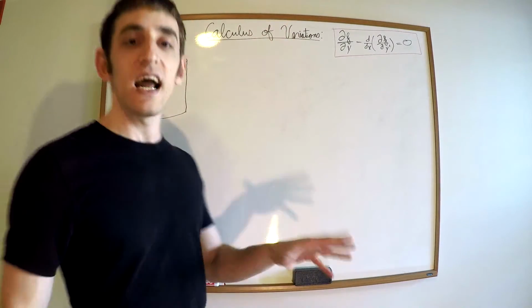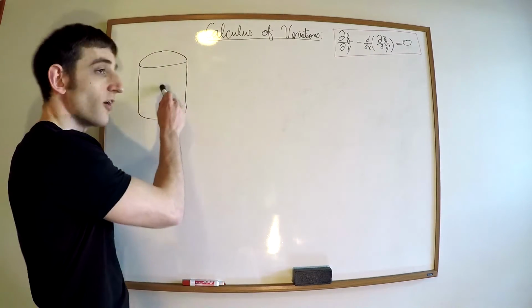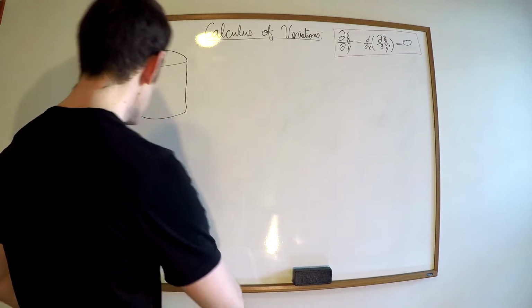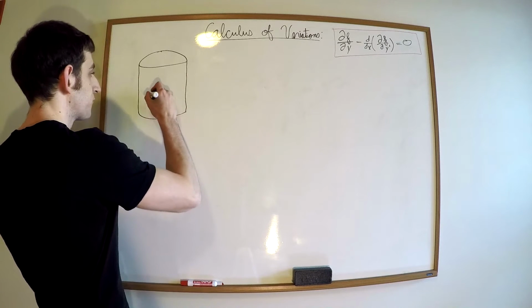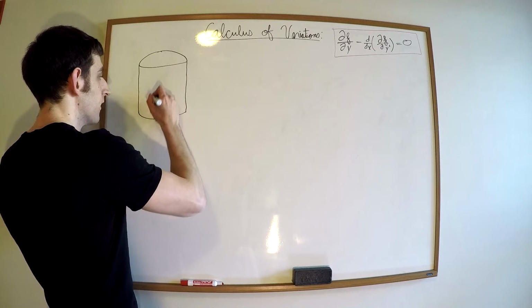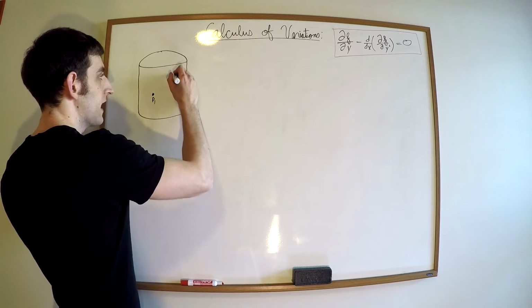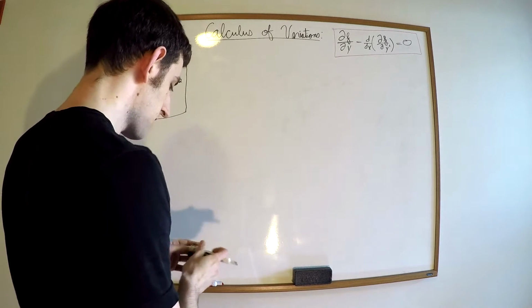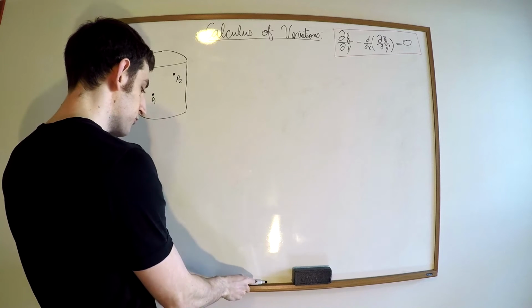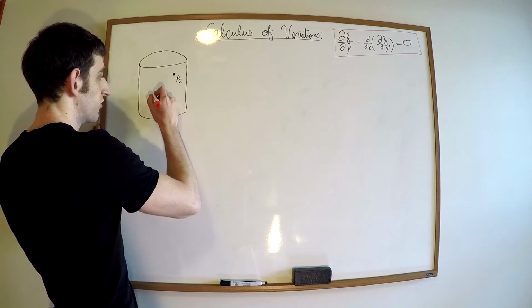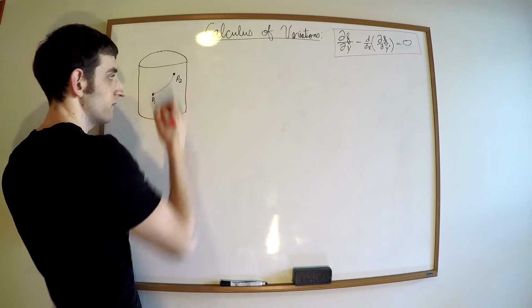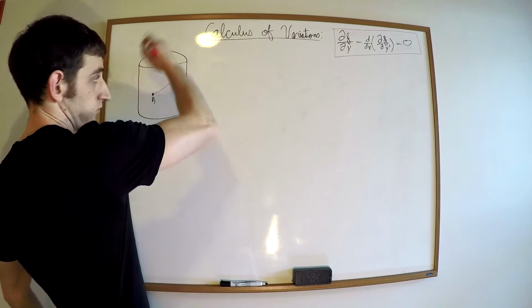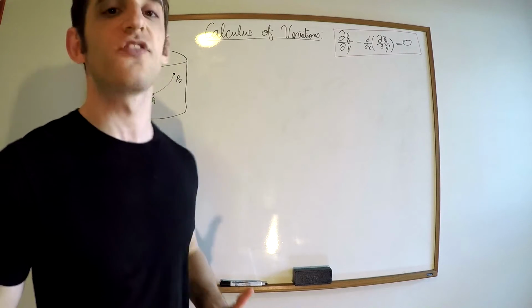Given any kind of geometry, regardless of whether it's a cylinder or what have you, if you have 2 points, let's say a point here, we'll call that P1, and another point here, we'll call that P2. If you want to find the shortest distance between these 2 points, which might look something like that, it could look like that, it could look like that. We don't know yet. We're just guessing here.